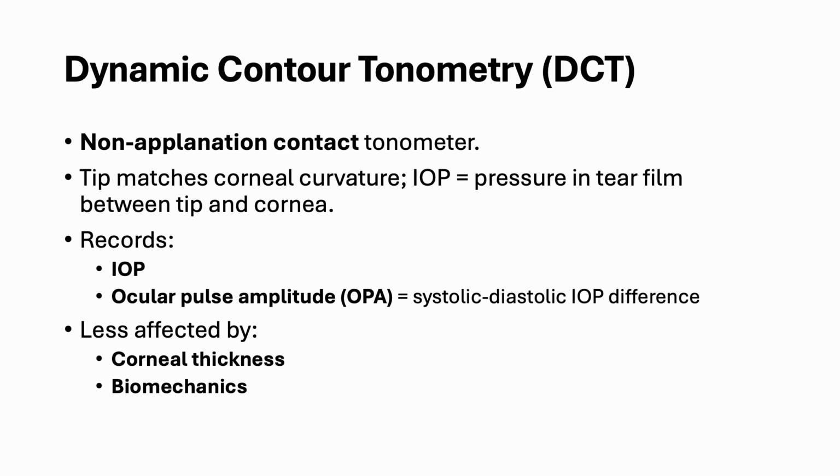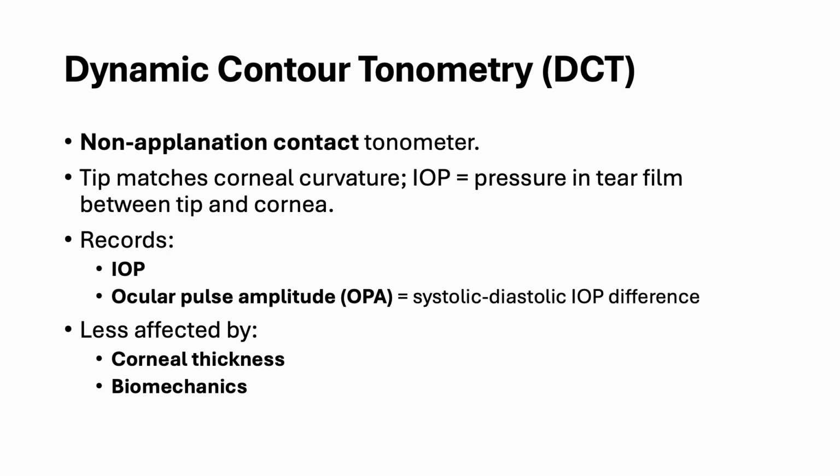Continuing with alternative tonometry methods, let's now take a look at dynamic contour tonometry, or DCT. Unlike applanation-based techniques, DCT is a non-applanation contact tonometer. Its unique tip is specially designed to match the curvature of the cornea. It measures IOP based on the pressure in the tear film between the tip and the corneal surface, no flattening required.